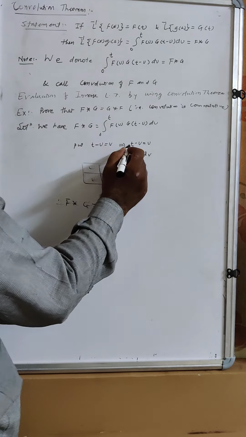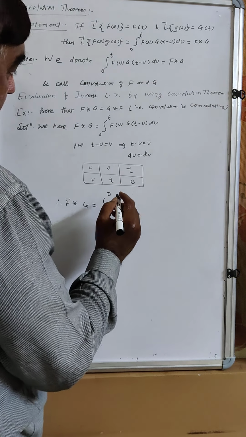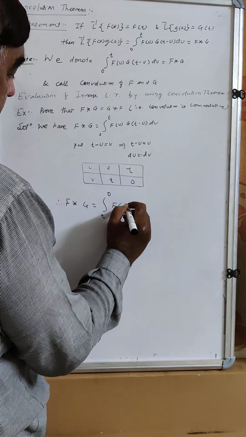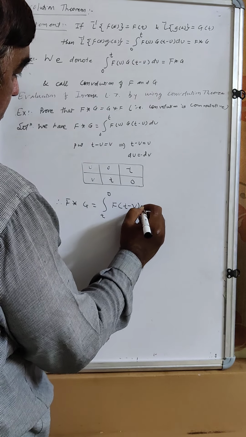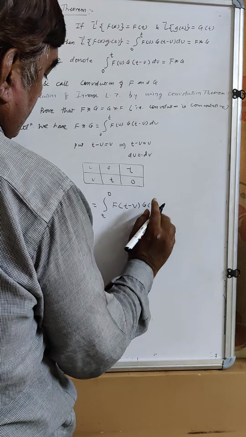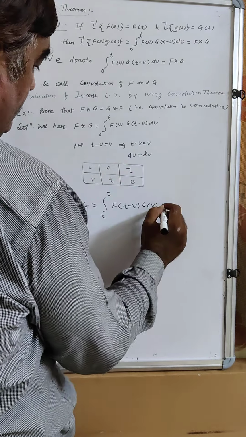Derivative of t is 0, derivative of minus v is minus dv. f of u, that is f of t minus v, g of v, and du is equal to minus dv.